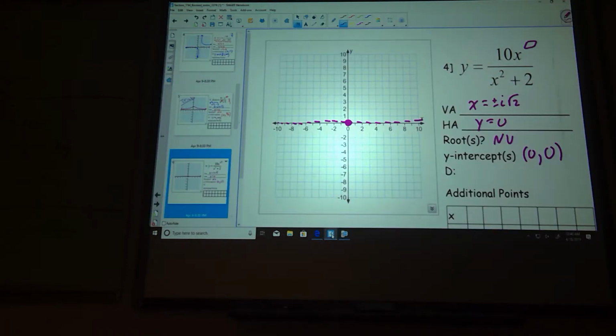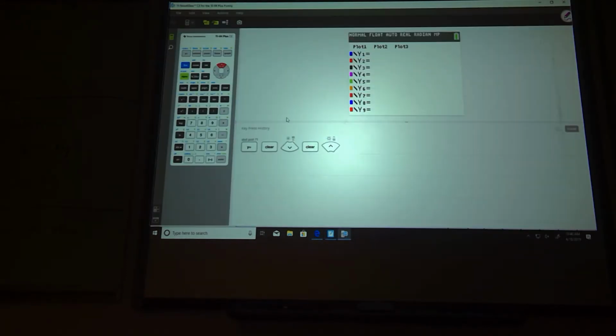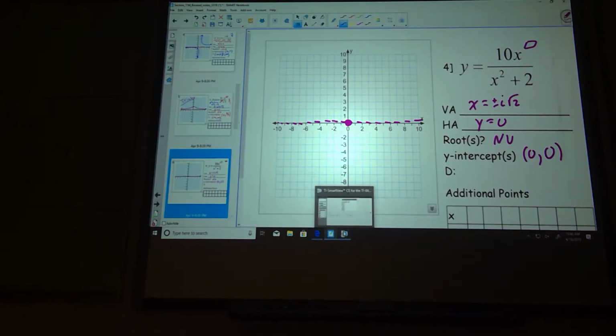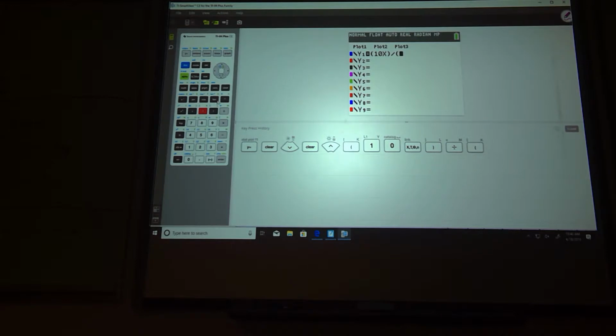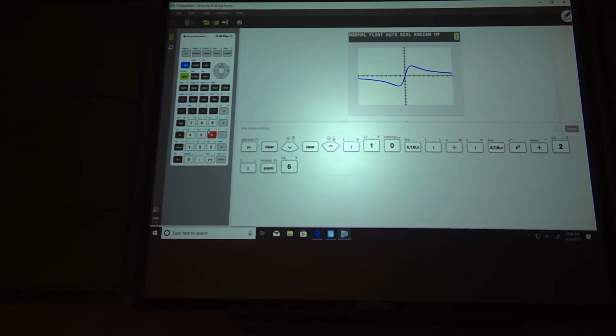So I have y equals 10x on top divided by x squared plus 2. There it is. So that's a good graph.